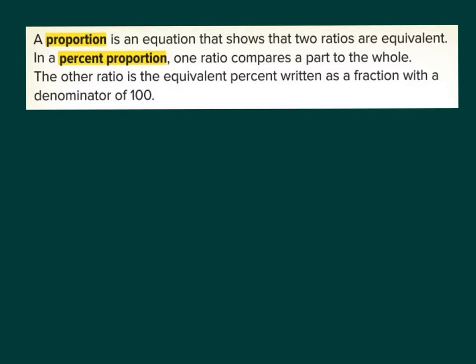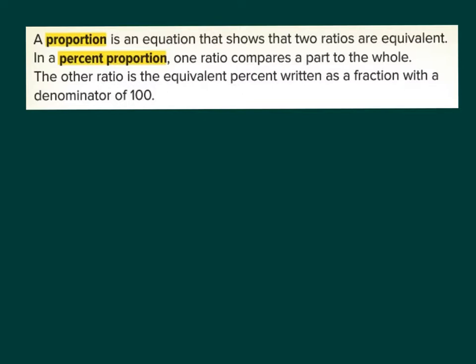And then we would write 40 over 1. If we look at this, we know that we're multiplying by 4. So we'd have to multiply by 4 here. 100 times 4 would be 400. And this would show that your proportions are equivalent.